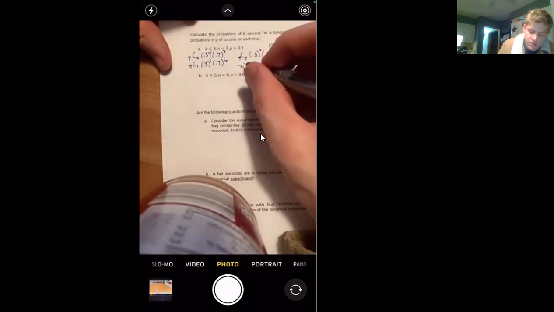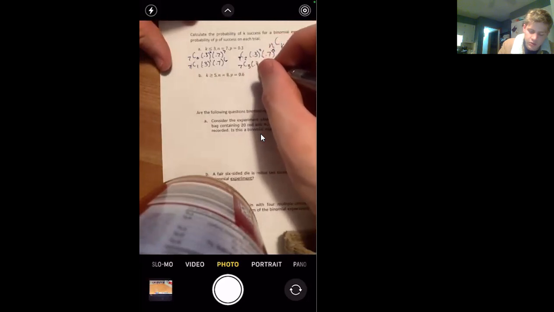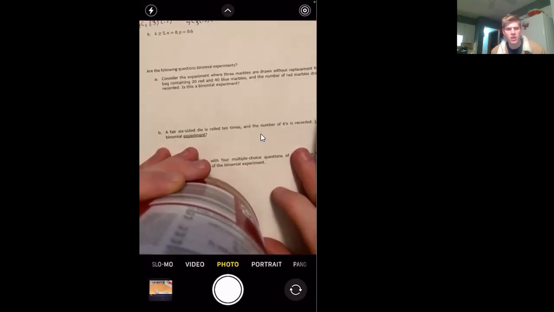And then lastly, 7 choose 3, 0.3 to the 3rd, 0.7 to the 4th. And now we just got to put all these into our calculators and add them up. For the sake of time, I'm not going to do that, but I will write the answer on the key for you.